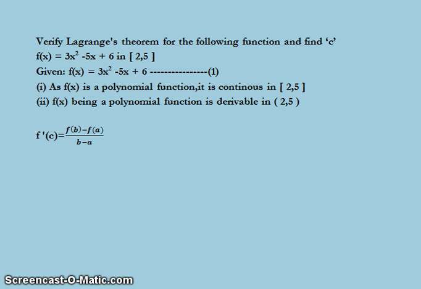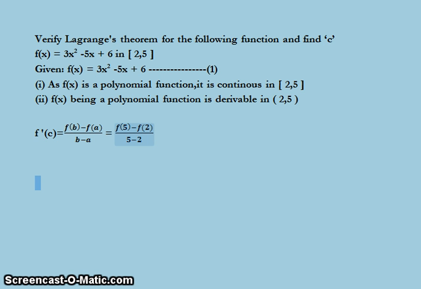Now here b is equal to 5 and a is equal to 2. Thus f'(c) is equal to (f(5) minus f(2)) divided by (5 minus 2), where f(5) is evaluated as 3 into 5 square minus 5 into 5 plus 6, which is equal to 51.